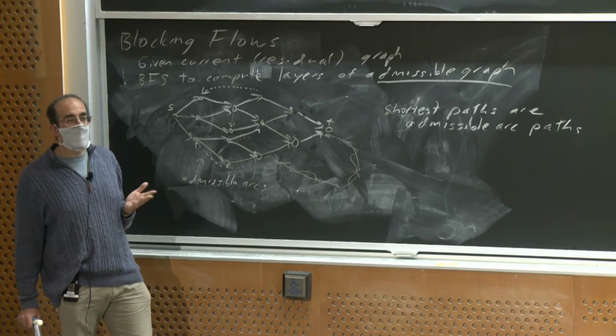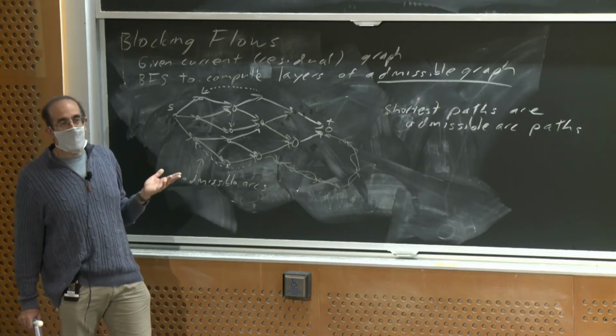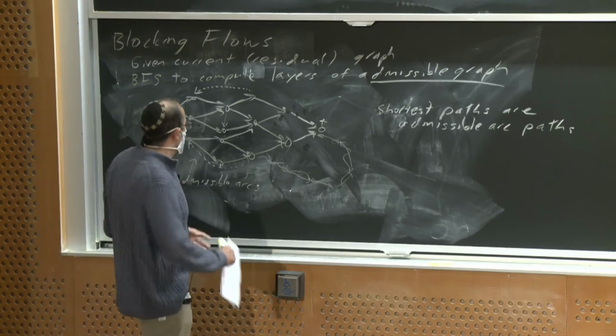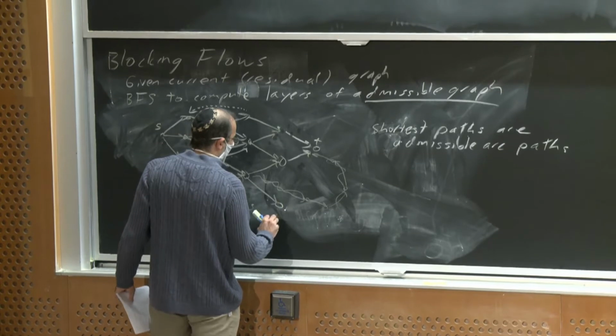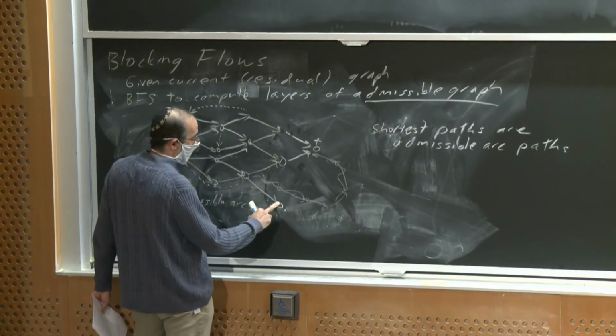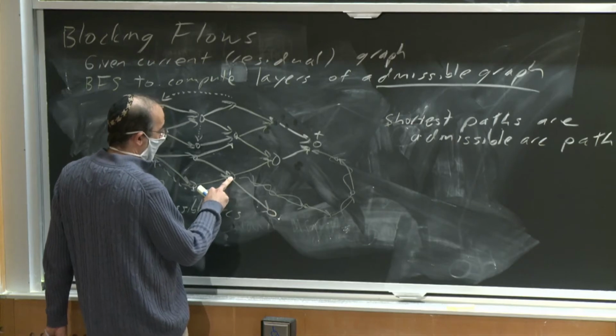Well, I'm doing a DFS. What do you do when you hit a dead end in DFS? I backtrack. So, I went out here. I hit this vertex. It has no outgoing edges, so I'm dead. I'll backtrack.